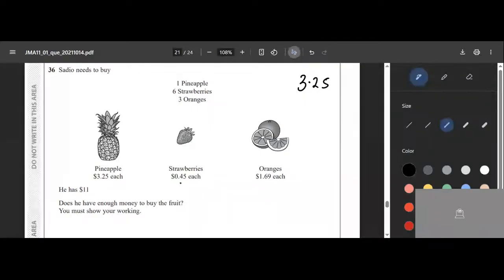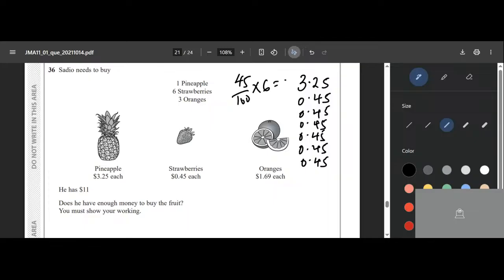So just let me multiply here by 6 quickly, or we can just write it in an easier way, the way we did the first question. 2, 3, 4, 5, 6. Or we can multiply the 45 of 100 times 6. It's also another way. 45 times 6, this will give me here 0.